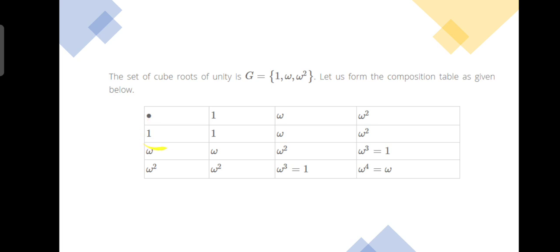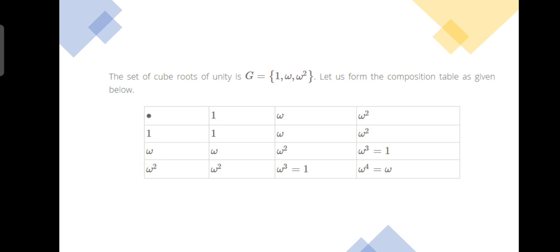First, we'll combine 1 with this 1, and the resultant is 1. Then we'll combine 1 with omega, and the resultant is omega. Then we'll combine 1 with omega square, and the resultant is omega square. Next, on the next element, we'll combine omega with 1, we'll get omega. Next, we'll combine omega with omega, we'll get omega square.